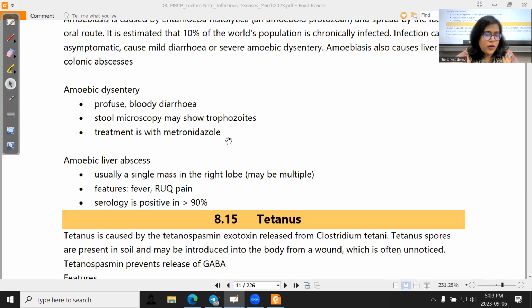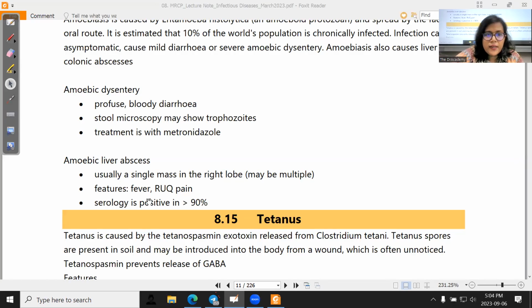Metronidazole in our hospital, 2/3 of the metronidazole bottle is given as a loading dose, and then according to the protocol, one bottle of metronidazole 3 times a day. Amoebic liver abscess might present with right hypochondriac region pain, fever, tenderness, and a single mass.